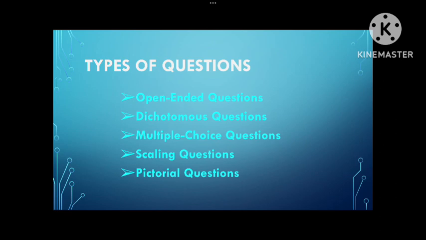Next method is closed-ended questions. Closed-ended or restricted choice questions offer respondents a fixed set of choices to select from. Closed-ended questions are best for collecting data on categorical or quantitative variables. They are also subject to some pros and cons.